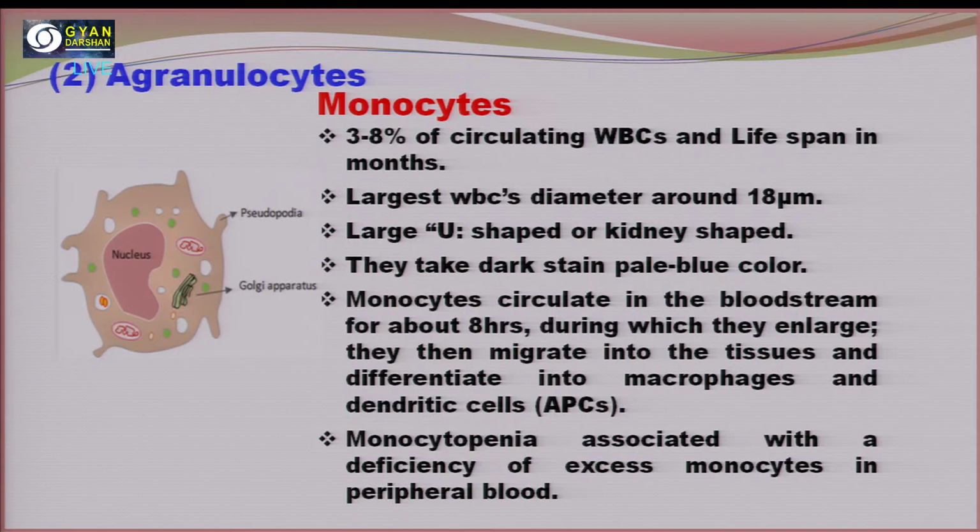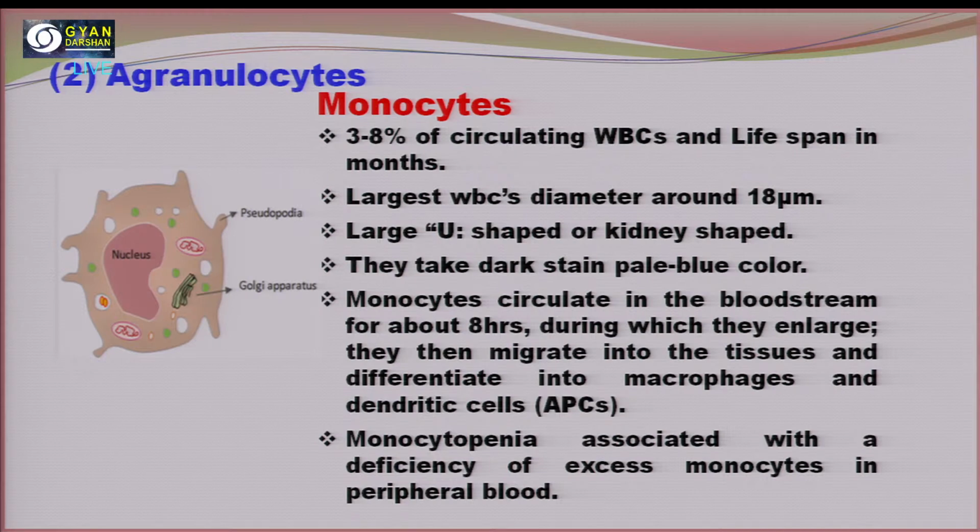So after 8 hours, your monocytes will circulate in the bloodstream or convert into macrophages and dendritic cells. Macrophages and dendritic cells are basically the APCs, antigen presenting cells, which are involved in the immune response.